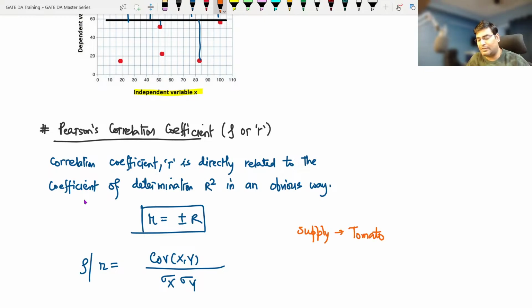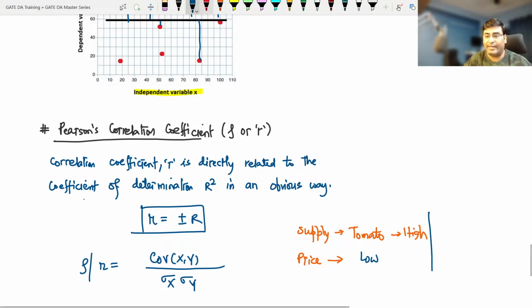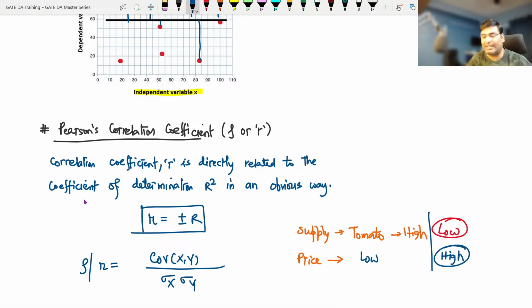Tell me what will happen if the supply for tomato is high? Price will be really low. Suppose you have a lot of tomatoes, the price will fall down. On the contrary, if the tomato supply drastically goes down and is really low, then the price will shoot up. Agree? And that exactly happened.